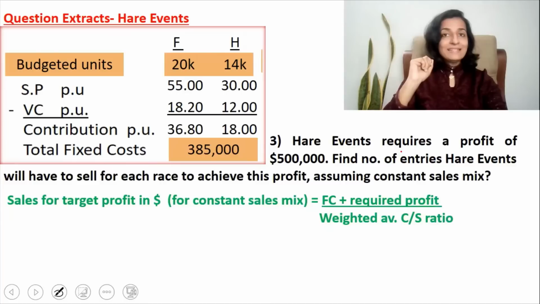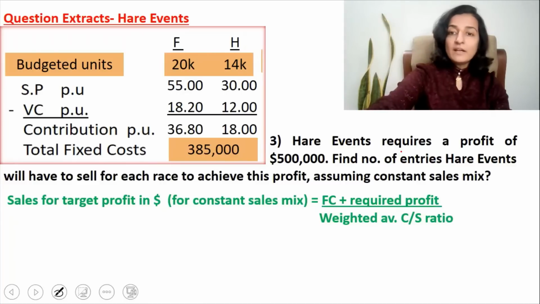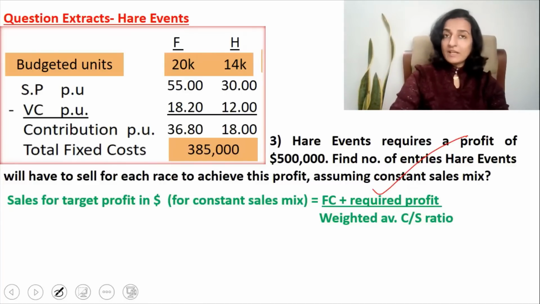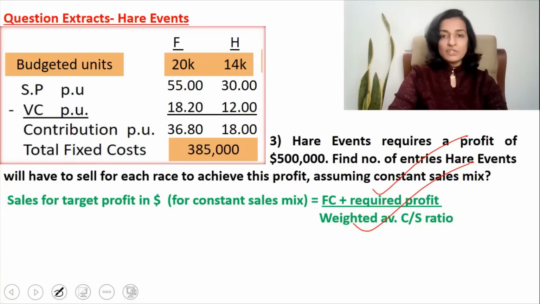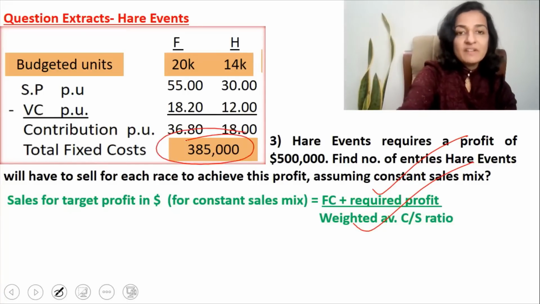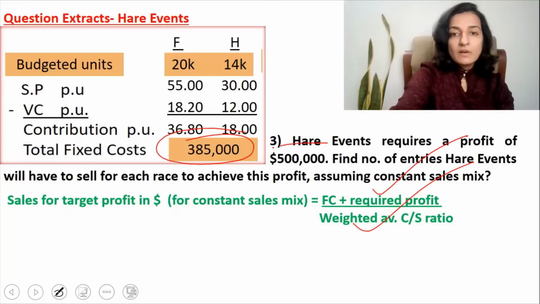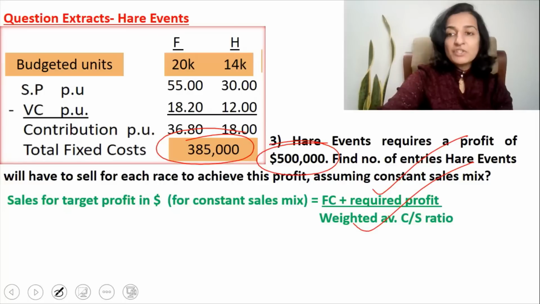If it's a constant sales mix, it's given by fixed cost plus required profit divided by weighted average C/S ratio. Fixed cost is $385,000, required profit is $500,000, and the weighted average C/S ratio we calculated in part 2 was 0.65.